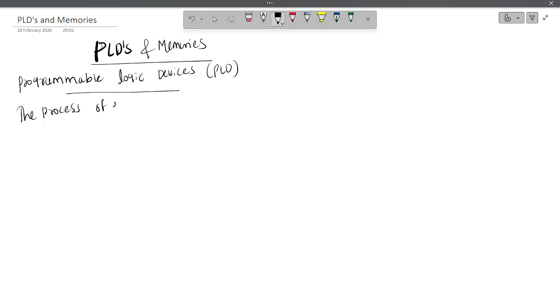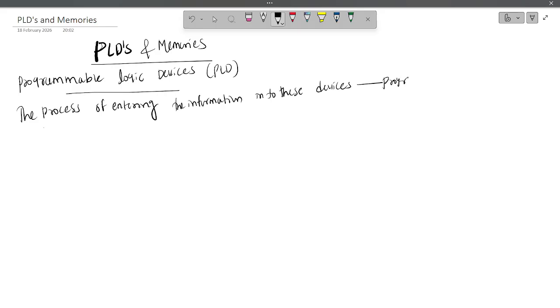The process of entering the information into these devices is called programming.